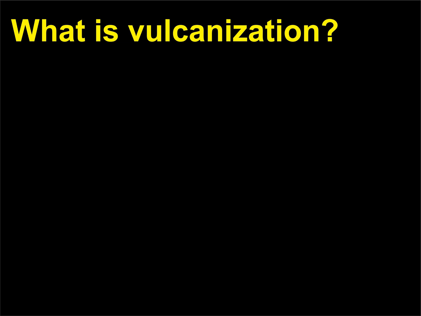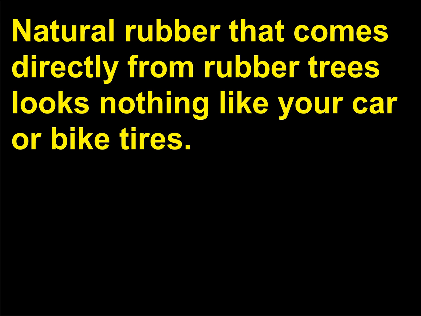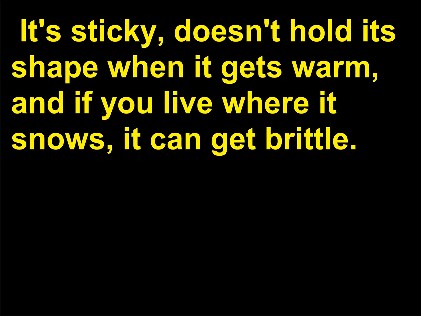What is vulcanization? Natural rubber that comes directly from rubber trees looks nothing like your car or bike tires. It's sticky, doesn't hold its shape when it gets warm, and if you live where it snows, it can get brittle.